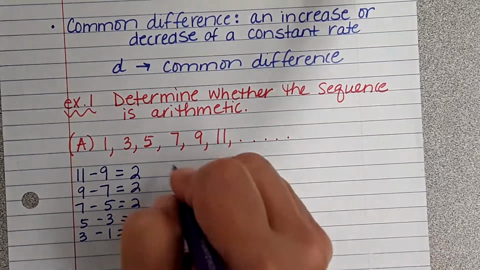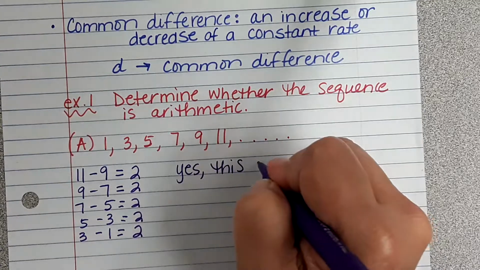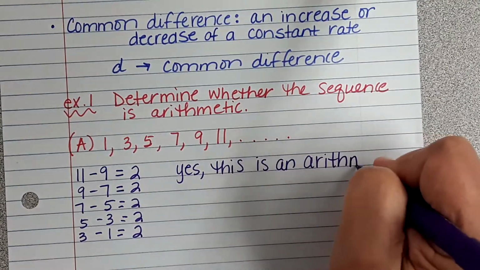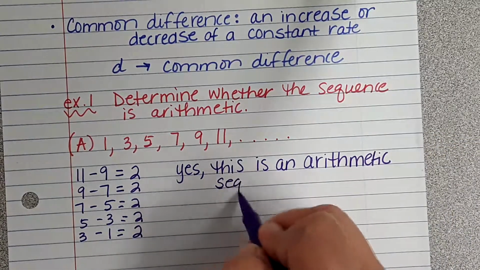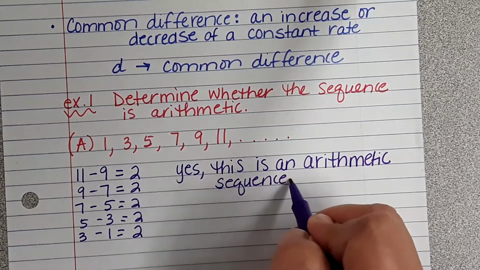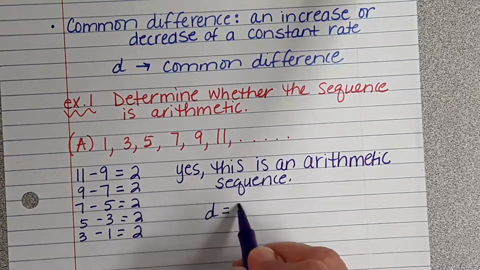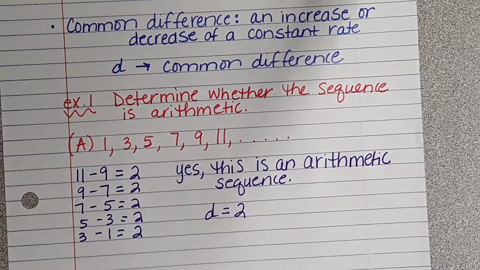Then that means yes, it is an arithmetic sequence. And remember up there I said what is D? D means the common difference. So what is D? D is 2. Because they were all 2, that's our common difference. So that's one of the things that you have to be able to do when you do these.